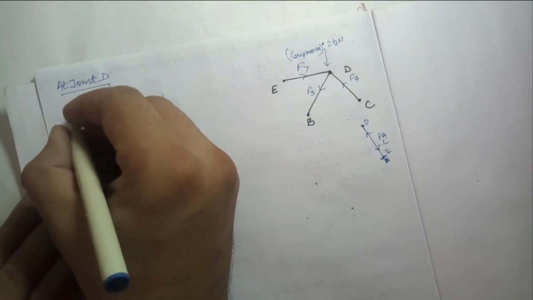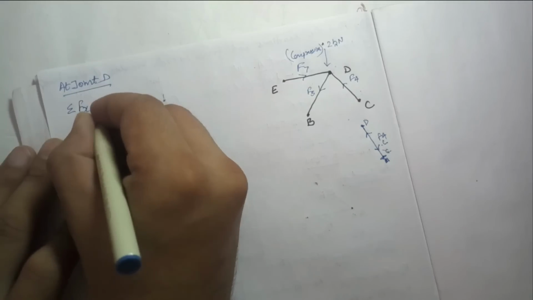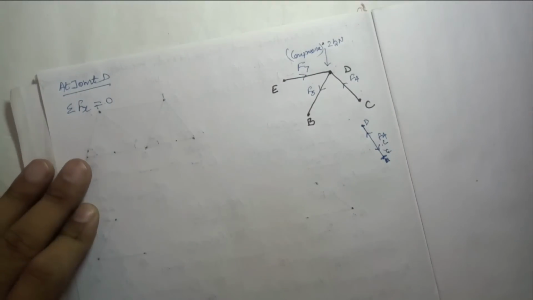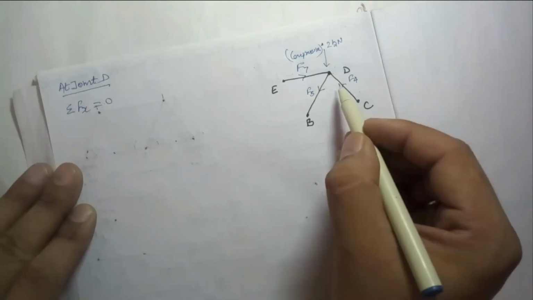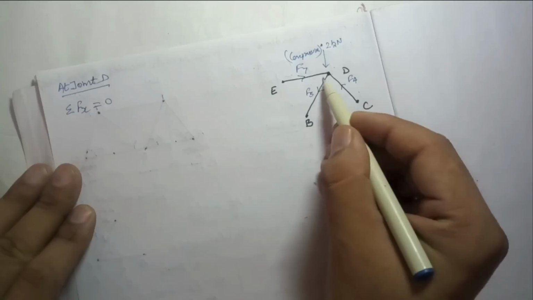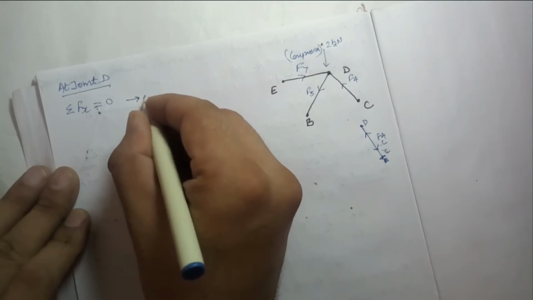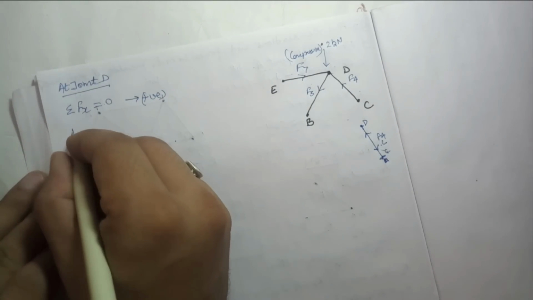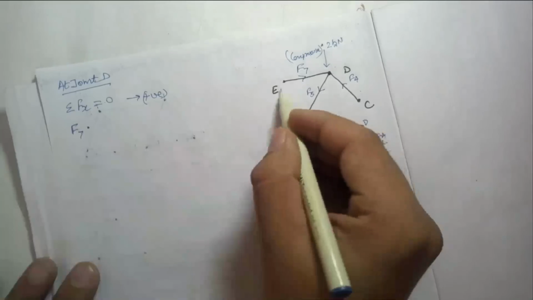Now again we apply summation Fx equals 0. What are the x direction forces? Only F7. Let's say I have taken the right side as positive, so F7 is on this side.